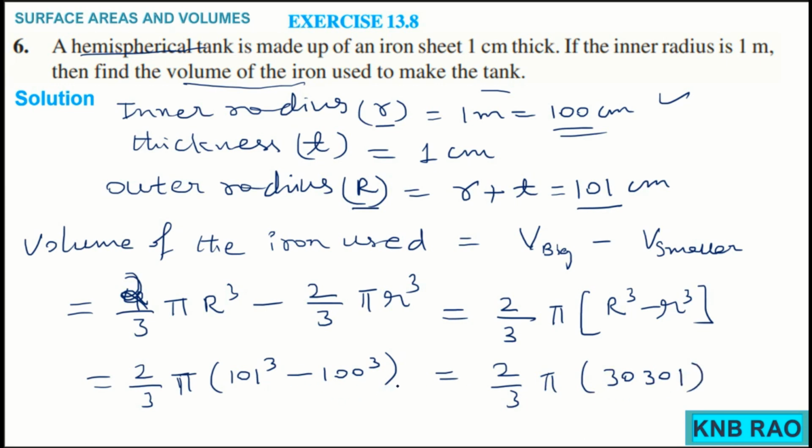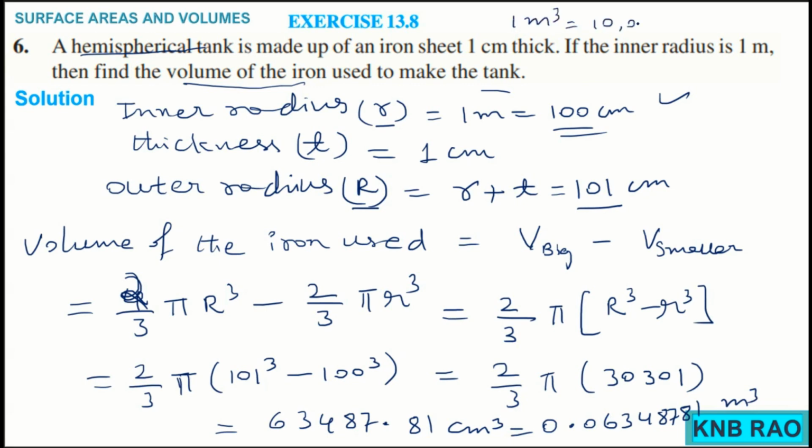Now you take the pi value 22 by 7 and do the simplification. You will get 63,487.81 centimeter cube. Now converting it into meter cube, you will get 0.06348781 meter cube.